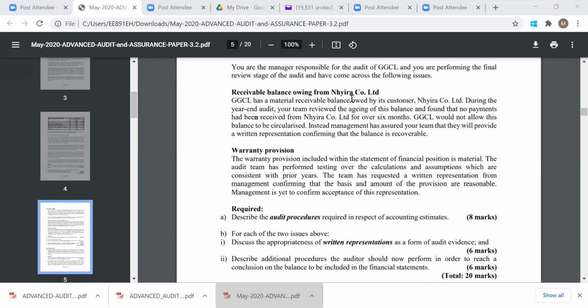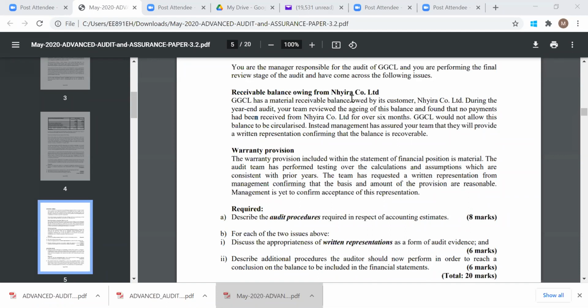So for receivables, written representation might not be the best form of evidence. I don't know if it's clear.